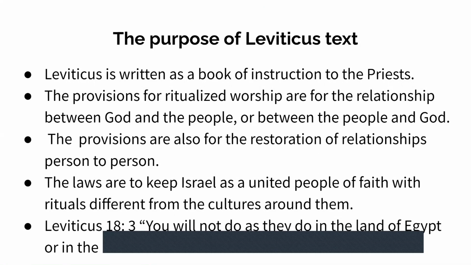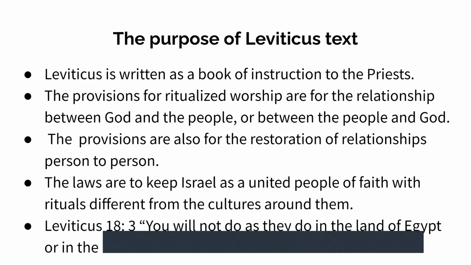Remember that Leviticus also is a text that's really given to Moses and Aaron, and it's for the use and instruction of the priests. Every day people would know what to do based on what priests would tell them and what they became familiar with as a routine in their worship.